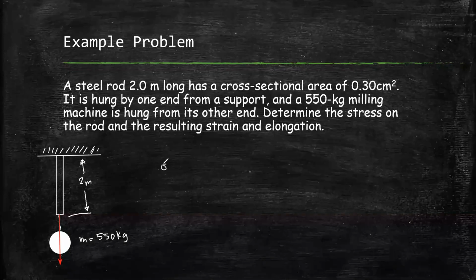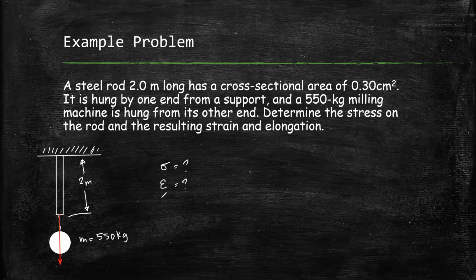So we look for stress, strain, and the elongation. So to find stress, our formula is the force over area. So we have given a force or the weight of the milling machine, the mass of which is 550 kilograms.